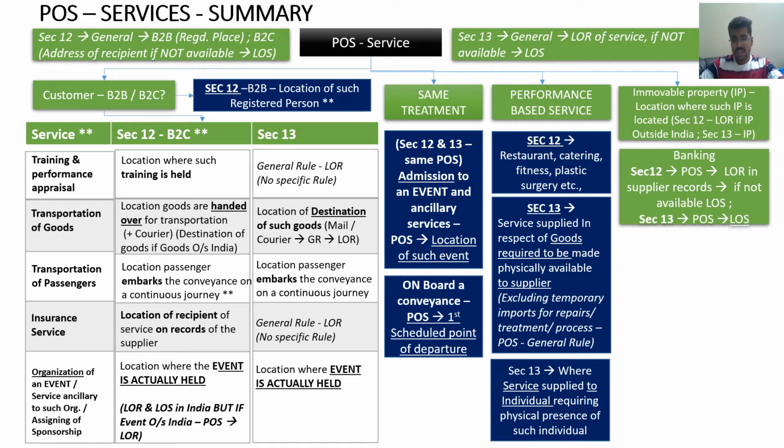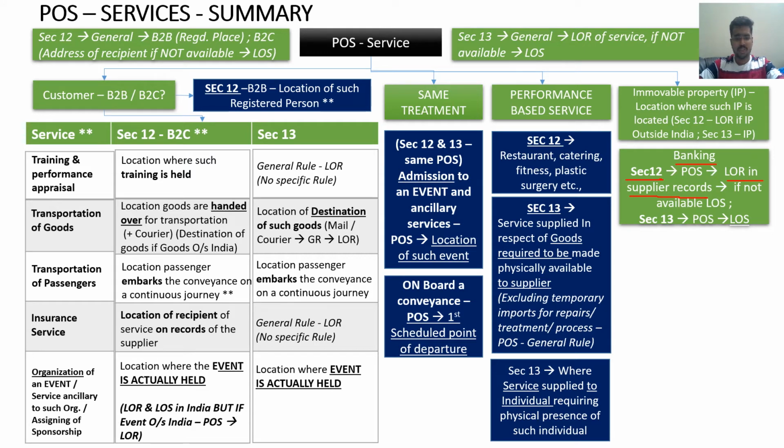So now let's go into the next service, right? Now here we are going to see banking service, guys. Banking service, section 12, that is the bank is also in India, the supplier is also in India, the customer is also in India. Now the place of supply is the location of the recipient in the supplier's records, right?